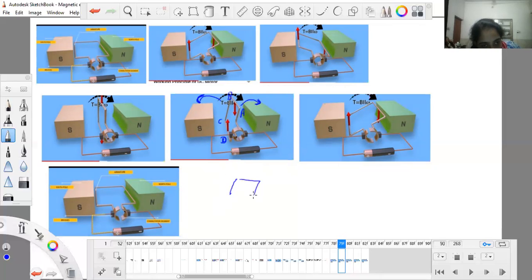In this case it was A, B, C, D, and this is the next condition. The question is where should this AB rotate: to here, or back to its previous condition?